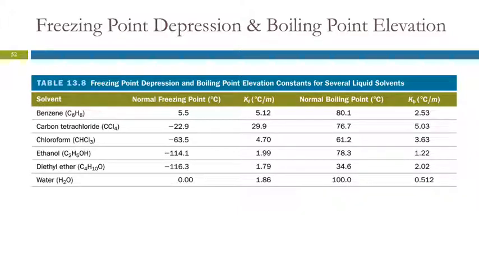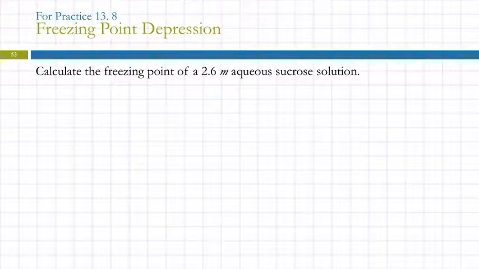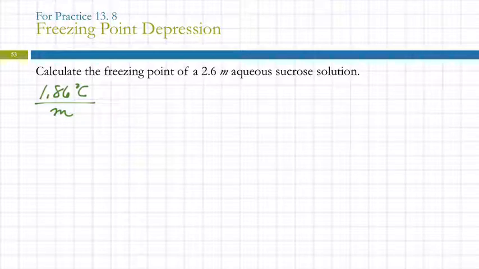So we look for water, and the freezing point depression constant is 1.86 degrees Celsius per molal, and that's the freezing point depression constant for water.